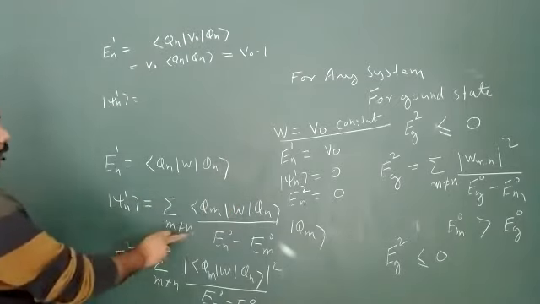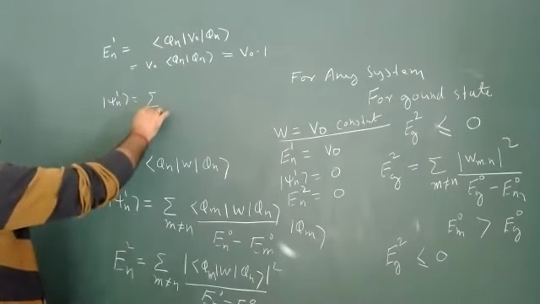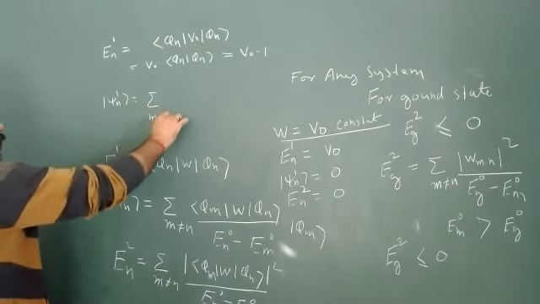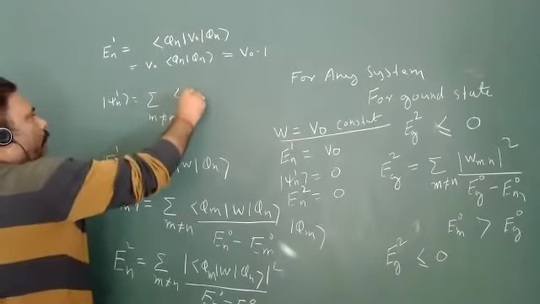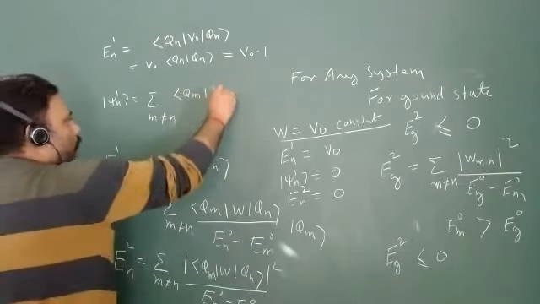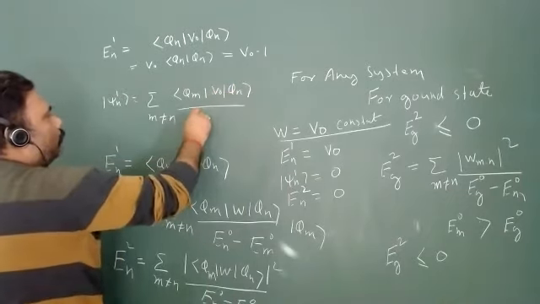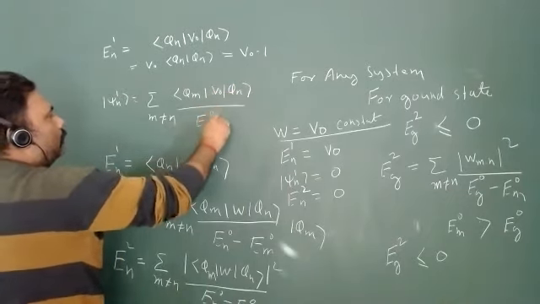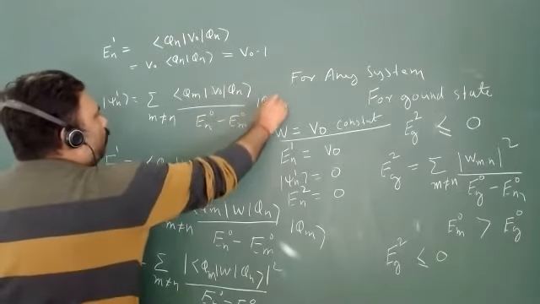And here m is not equal to n. Then what will happen? If you have constant value, m is not equal to n, then we have phi m. W is replaced by V0, which is constant value, phi n. Let's go for this value, En0 minus Em0, and this value is phi m.